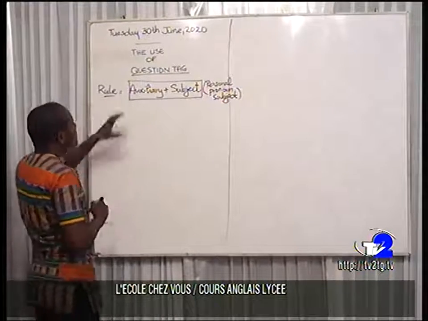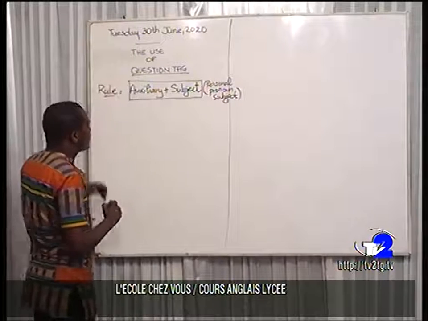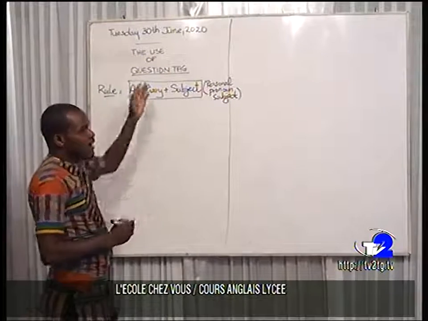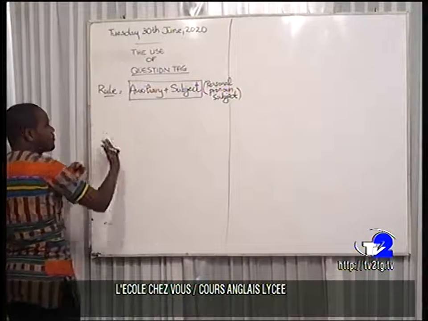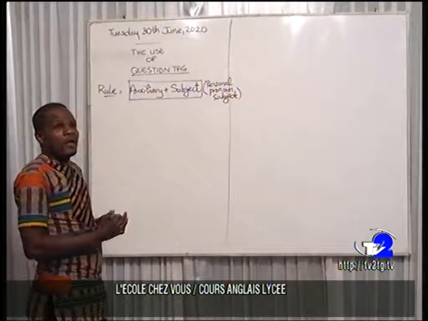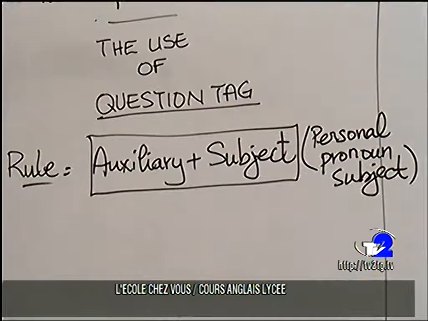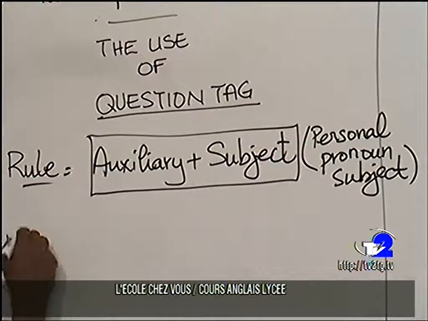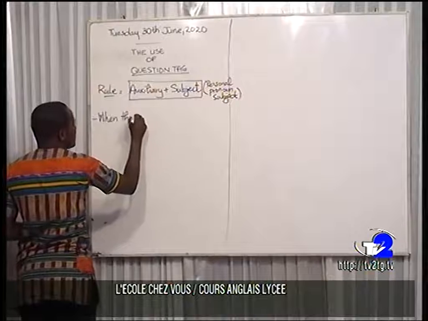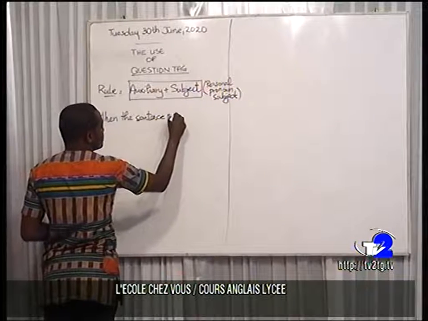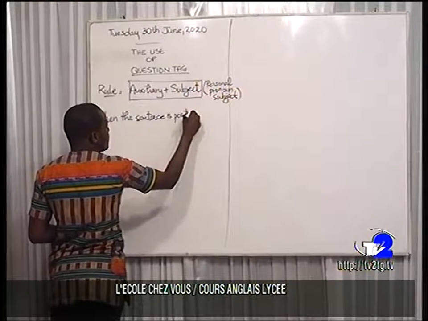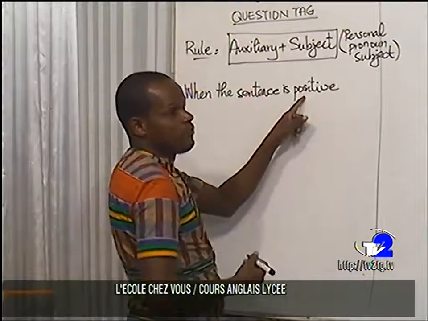Okay, but apart from this, you must also know that when we are talking of question tag, there are some steps to go through. It is only by respecting those steps that you are doing what we call the question tag. Number one, the main thing to know is when the sentence is positive. When we say positive, it means it is in affirmative form.